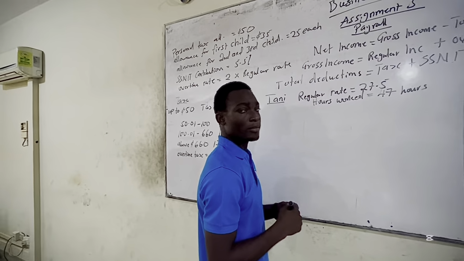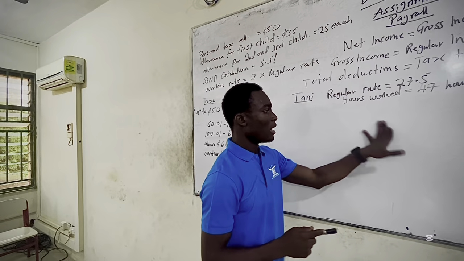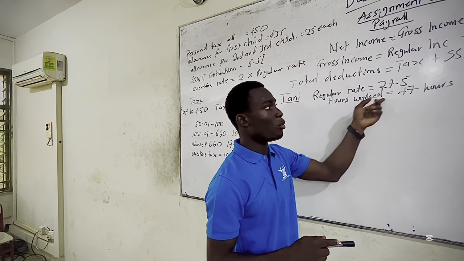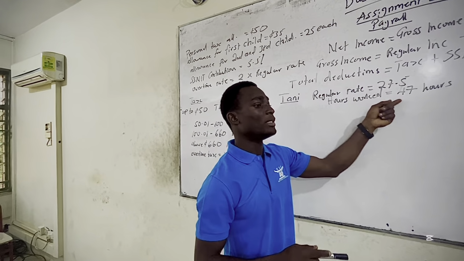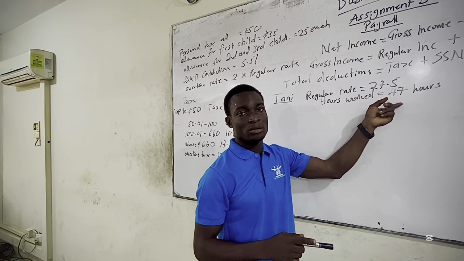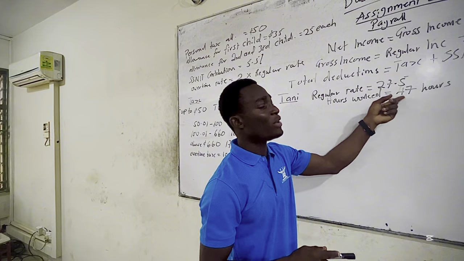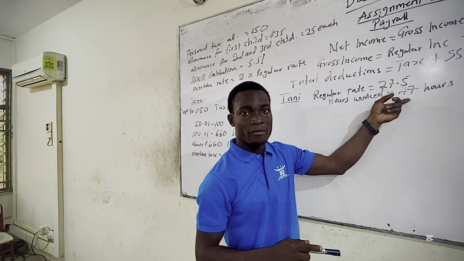So if that is so, then we all know that if a person works for more than 40 hours, the excess hours are overtime. So here we have 40 hours for regular.